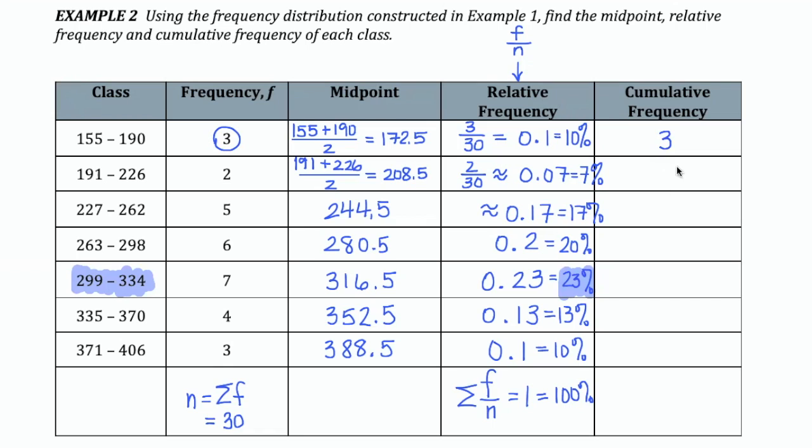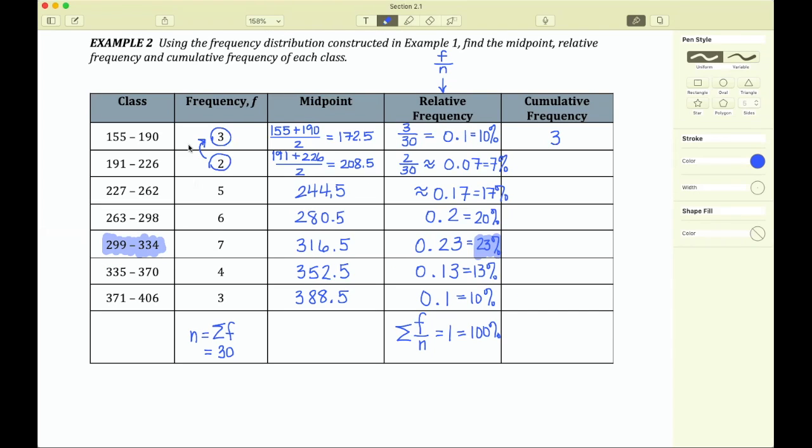Now, for the next cumulative frequency, you take the data in this class and you add to it all previous classes. So 2 plus 3 is 5. For the third cumulative frequency, take that frequency and add it to all of the previous. So 5 plus 2 plus 3 is 10.